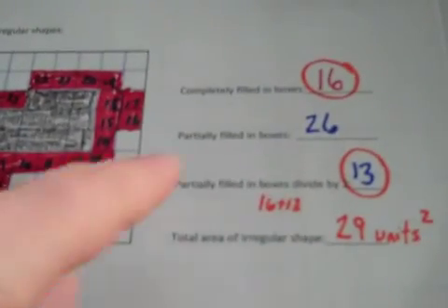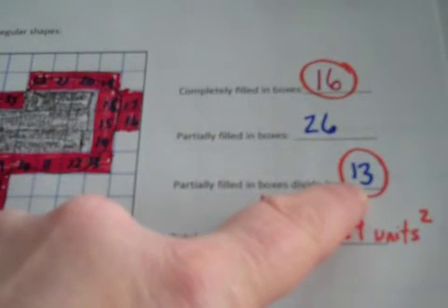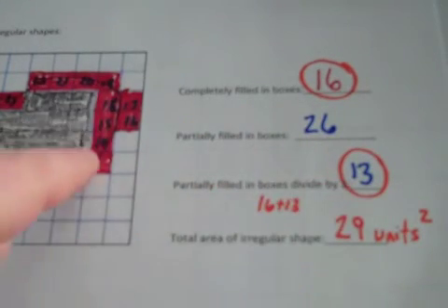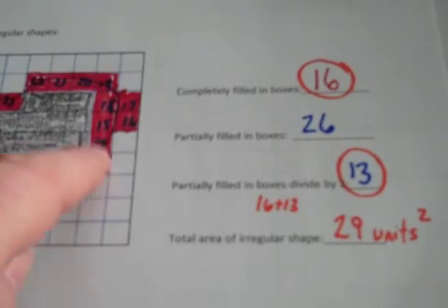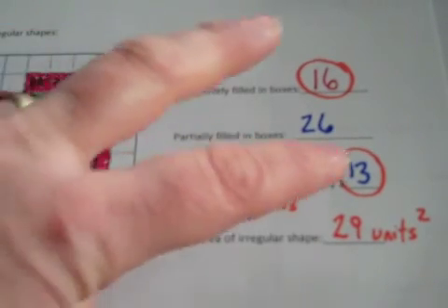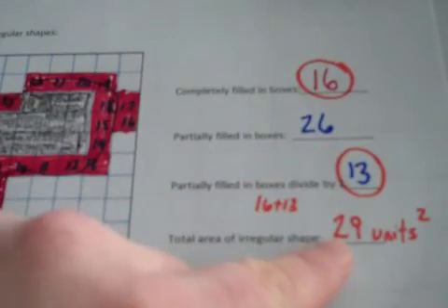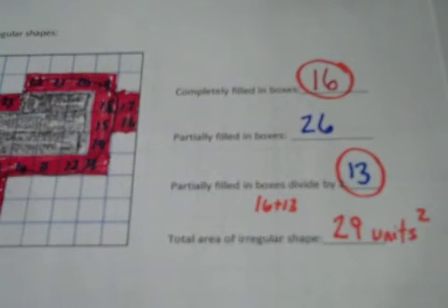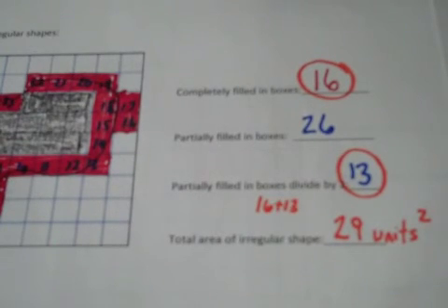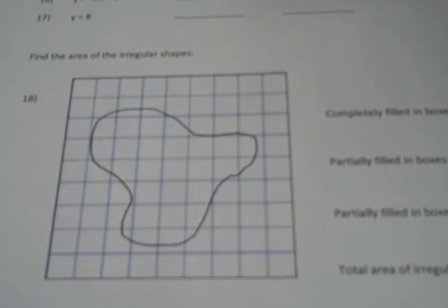We counted those boxes, and then we divided by 2, because on average, half those are inside the irregular shape and half of them are outside the irregular shape. Finally, we take those two values and add them together to get the total area of our irregular shape, at least an approximation. So now you need to do the same thing.